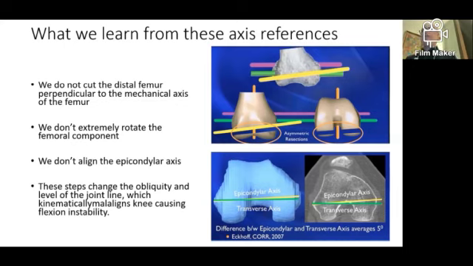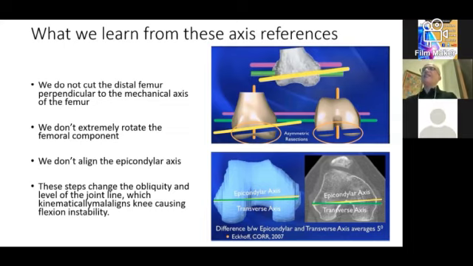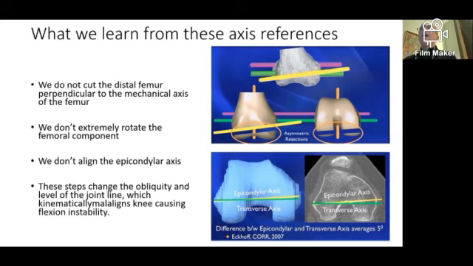Because when you take references to the study of Eckert in 2007, there is a difference between the transverse axis and the epicondylar axis, between the flexion extension axis and epicondylar axis. And doing 3 or 4 or 5 millimeters of external rotation automatically is not good, because these steps change the obliquity and the level of the joint line, which kinematically malaligns the knee, causing flexion instability, and actually on the function, it will result in pain in the patient.